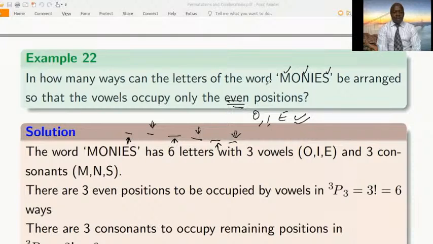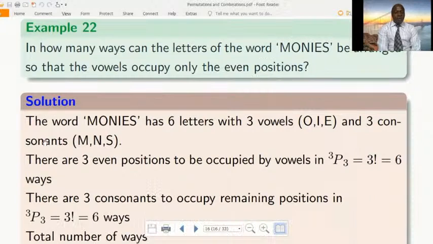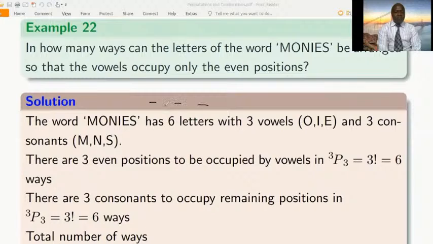And that's what I wrote here, because I was just trying to understand what the question is. Since we have those 3 vowels, and you want to arrange them, the order will be very important, because we have got these even positions.